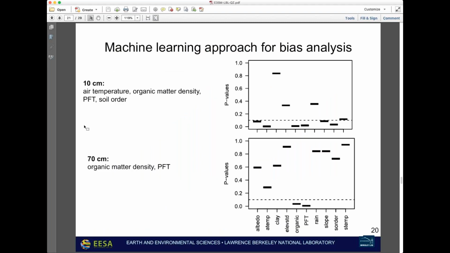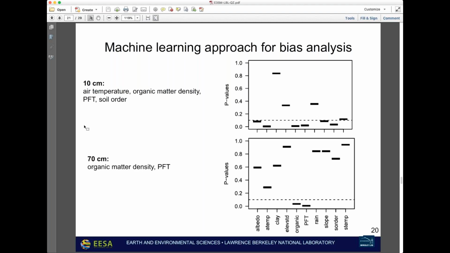And we also do a machine learning approach to further analyze the bias, the model-data misfit in terms of 14C and 12C. Here we did this for different soil depths. The main message is that we see different controlling or contributing factors towards the model-data misfit or bias at different depths.